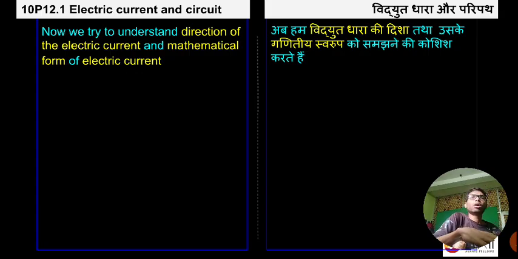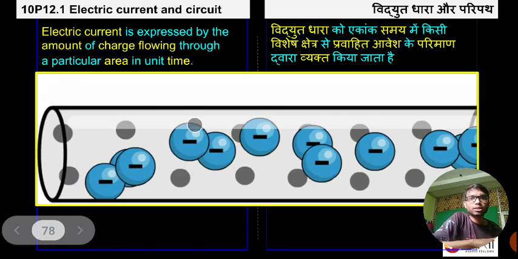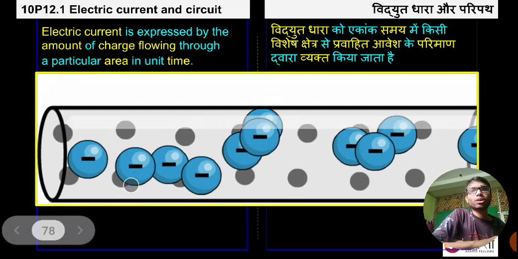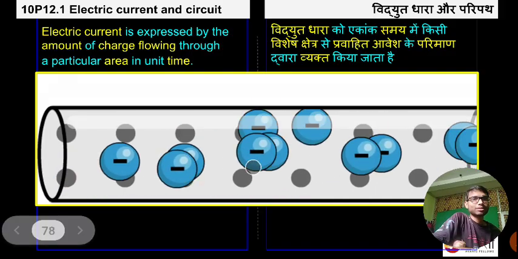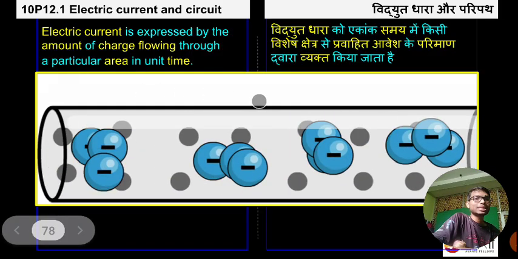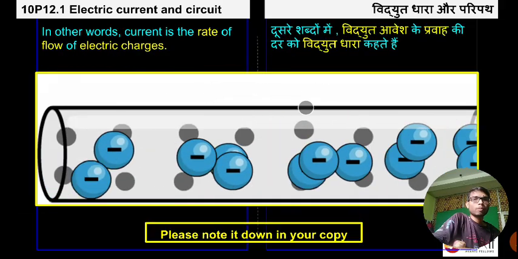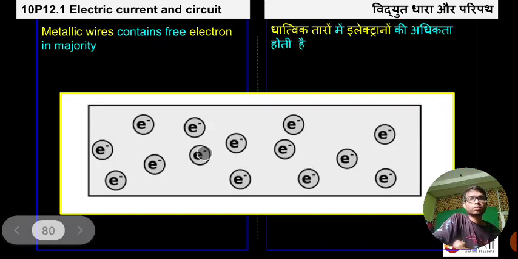Now we are going to try to understand the direction of the electric current. Here is the mathematical form of electric current. The direction of the electric charges is in this direction, so we can represent this direction in mathematics as an arrow. Please note it down in your copy.